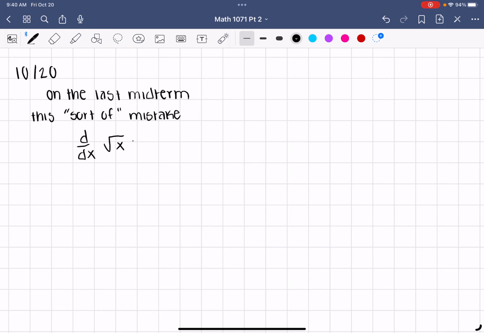So from here to here is algebra. Now I can do the calculus. Calculus says the derivative, the old power is the new coefficient, the new power is 1 less. Meaning if my power is 1/2, I subtract 1, and I get negative 1/2. The mistake, here's the mistake.